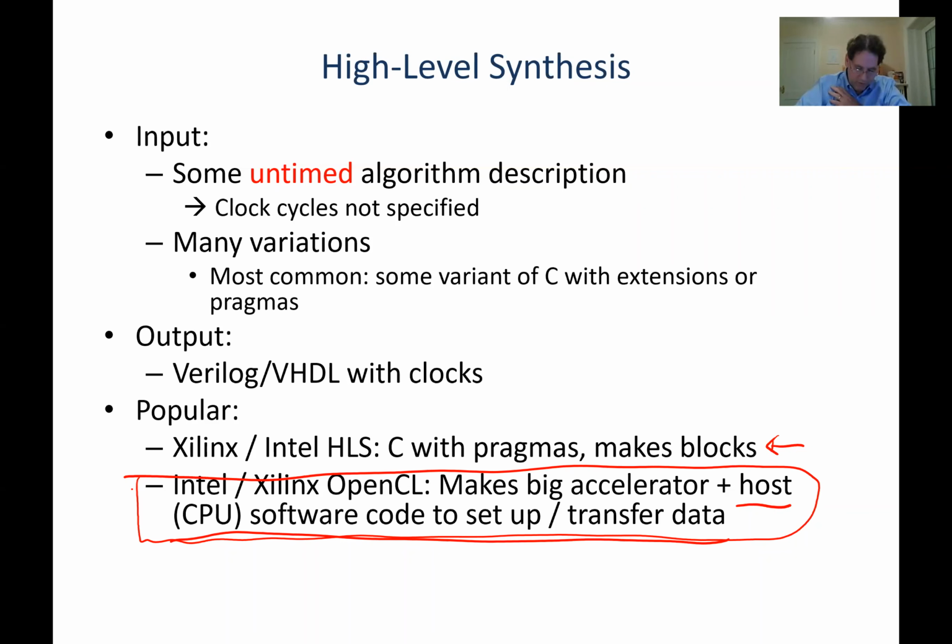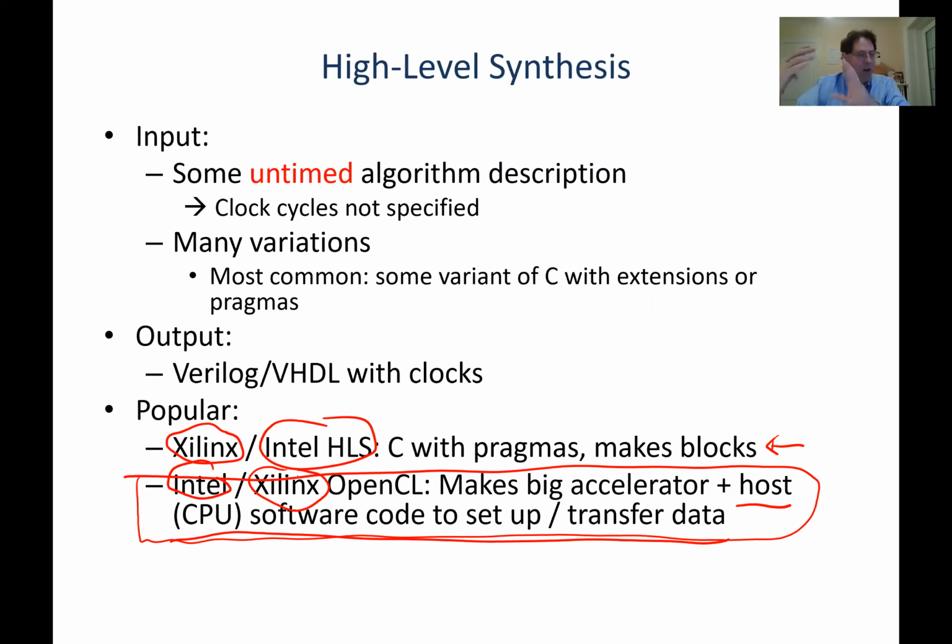Internally, these two tools, so Intel's OpenCL tool and HLS tool, a lot of their code is the same, right? The actual algorithms to make efficient hardware are basically the same, and the same for Xilinx. So they actually build kind of 1.5 tools and package them up in 2 different ways.